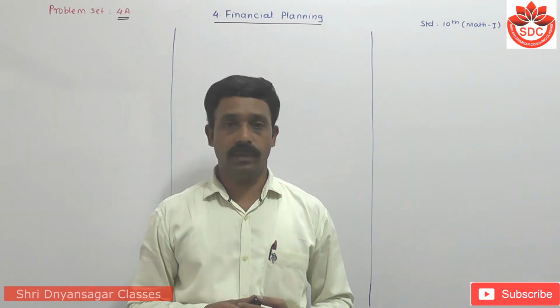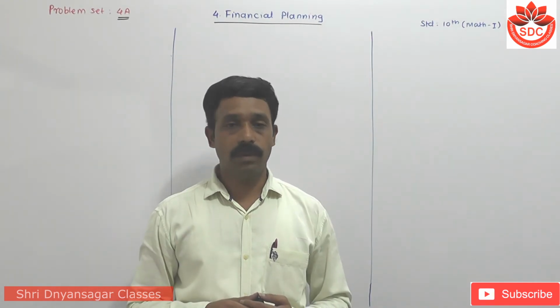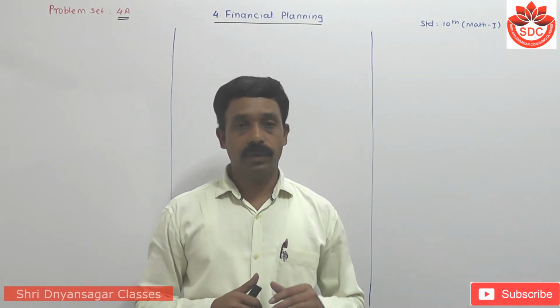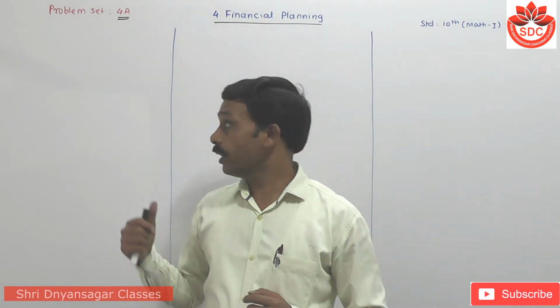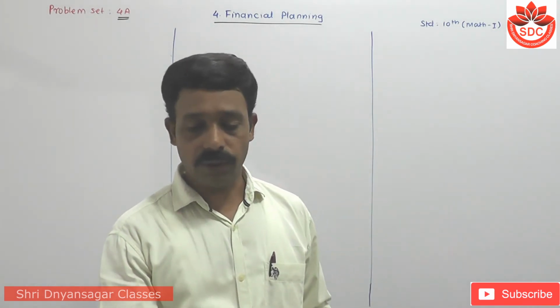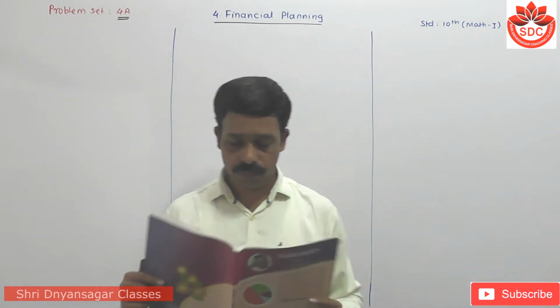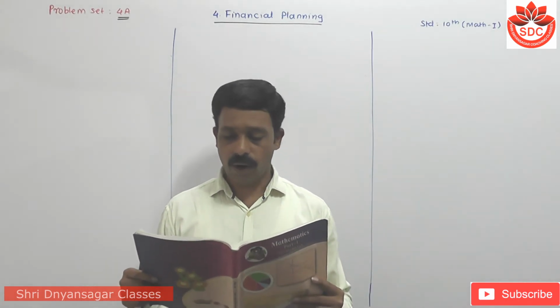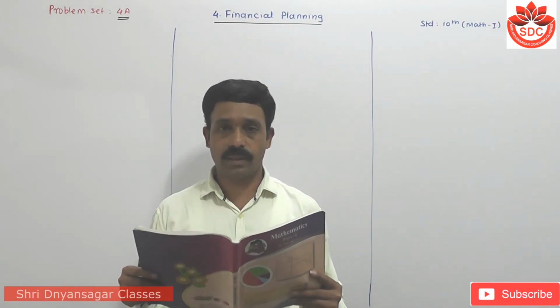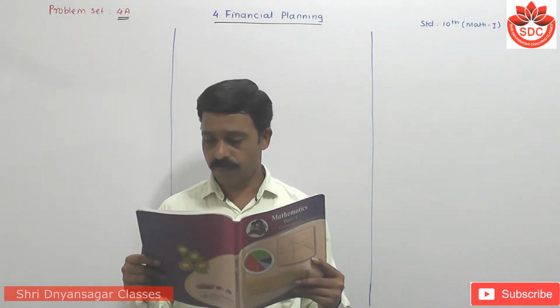The last question of this problem set 4A, the question number 10. Now student, I have to read this question and directly write the answers on this board here. Now first, what is the question? Observe in your book. For the given trading chain, prepare the tax invoice first, second, third.